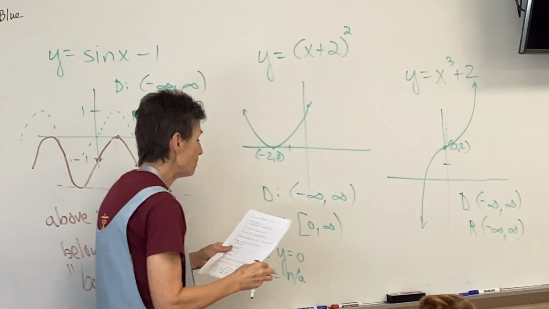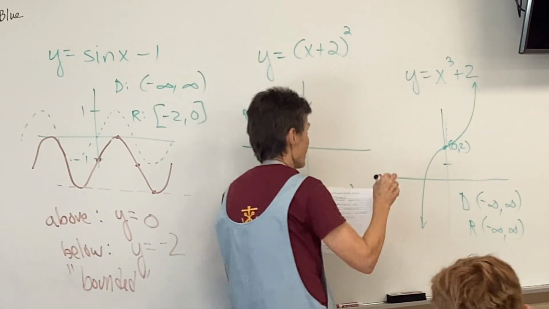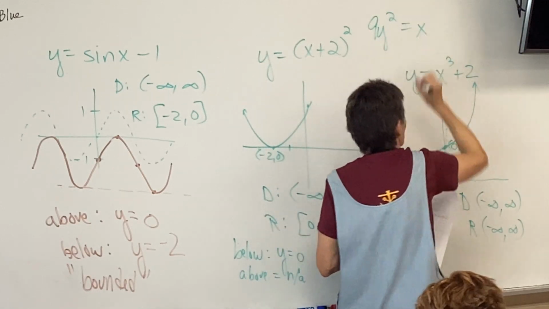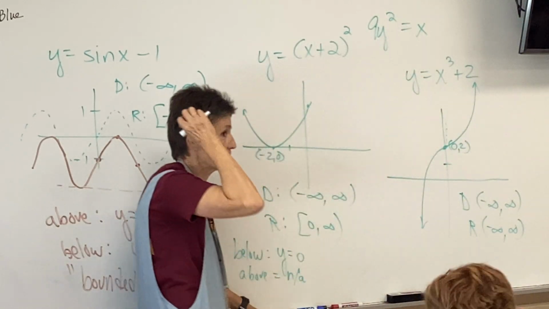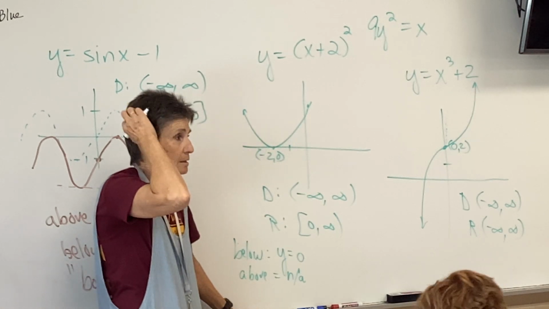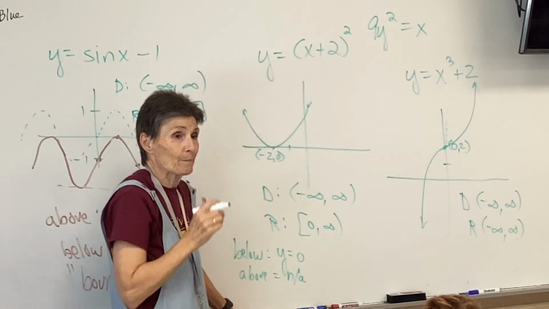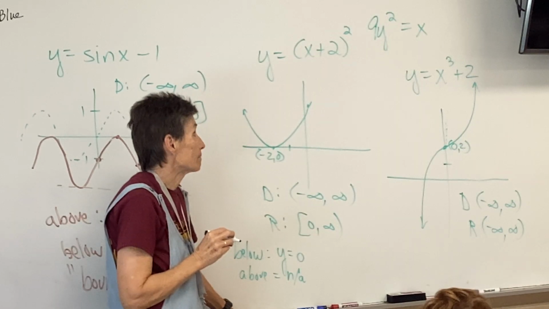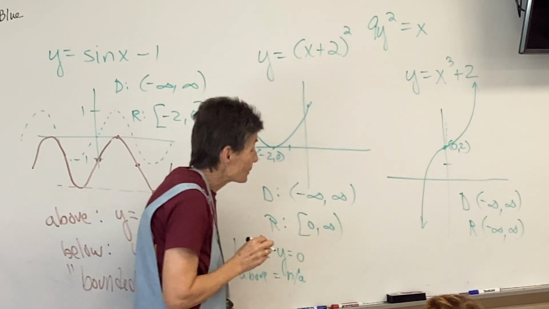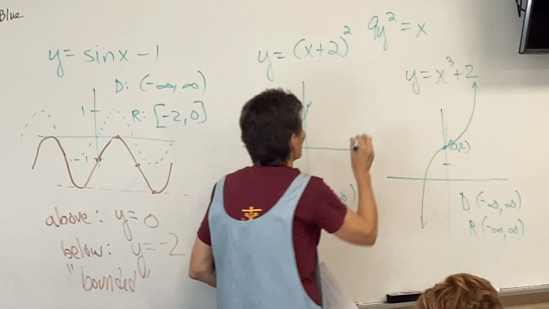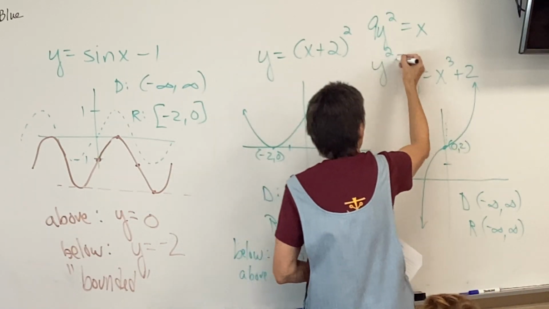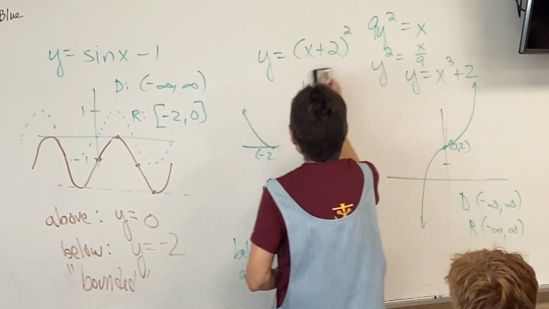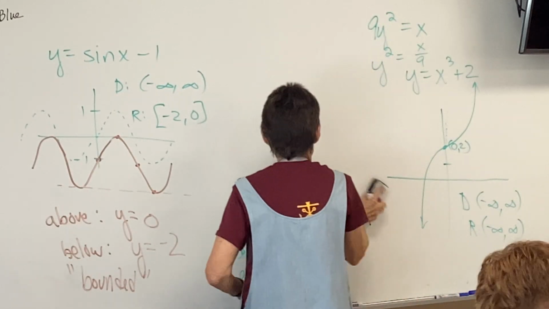Find the implicit functions for 9y squared equals x. So what do we need to do? We need to get rid of the 9, get y squared by itself, so x over 9, then we square root the x over 9.